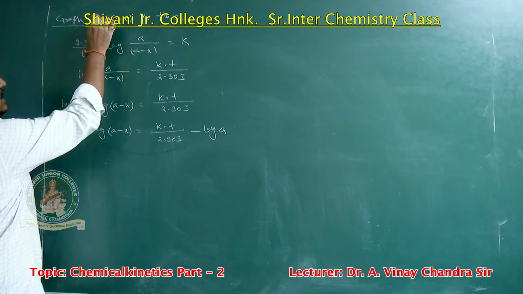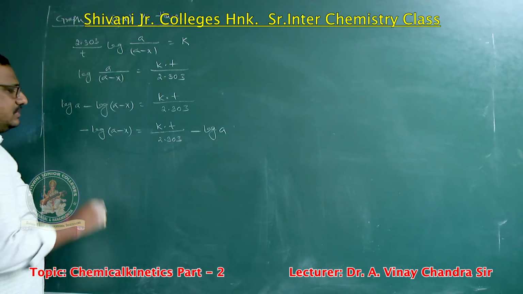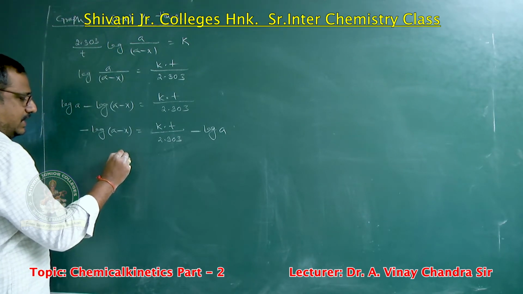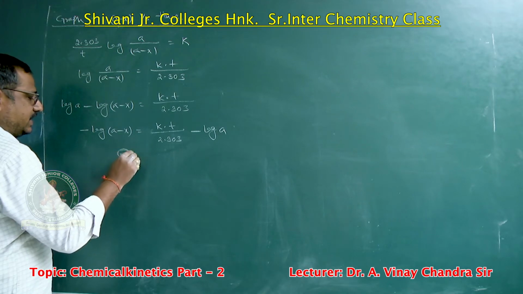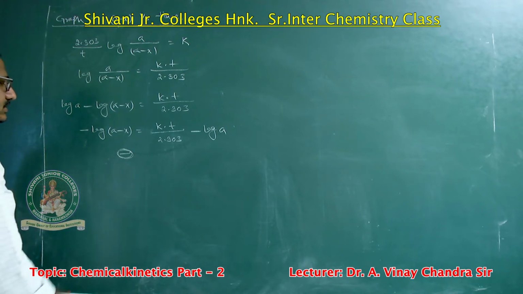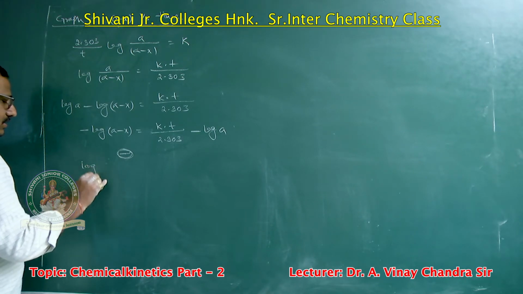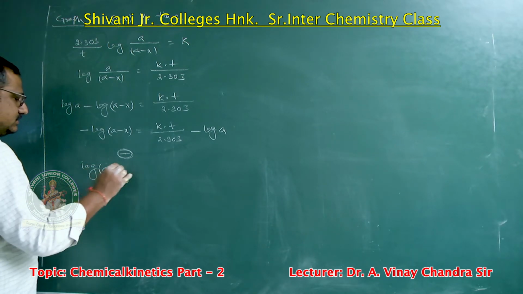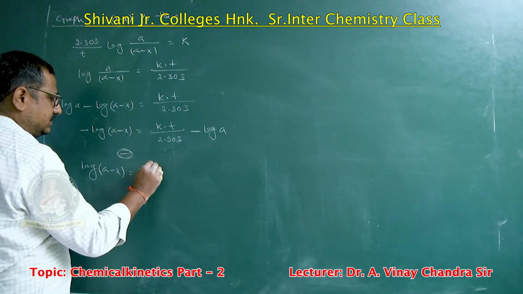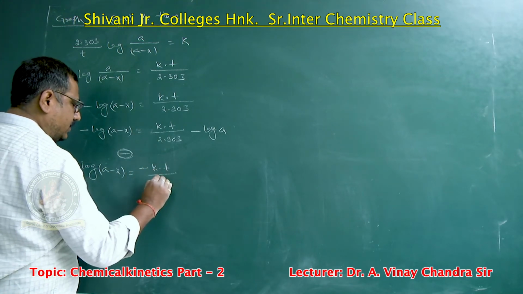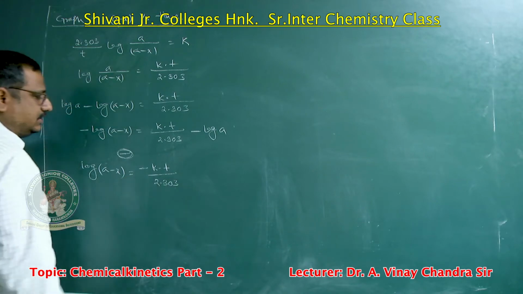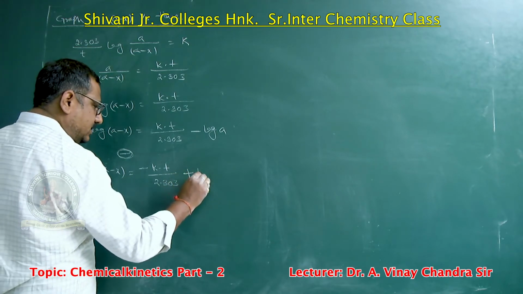Multiplying the entire equation by a negative sign, log (a minus x) is equal to minus k t by 2.303 plus log a.